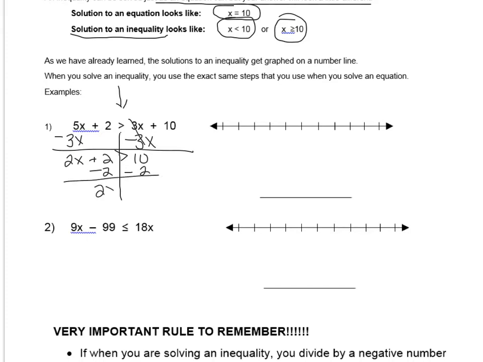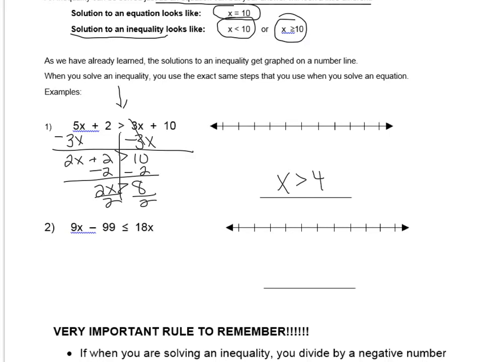You get 2x is greater than 8. Now dividing by 2 on both sides, you get a solution of x is greater than 8 divided by 2, which is 4. Put it right on the answer blank: x is greater than 4.